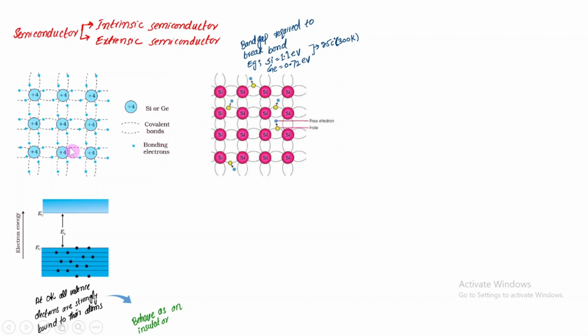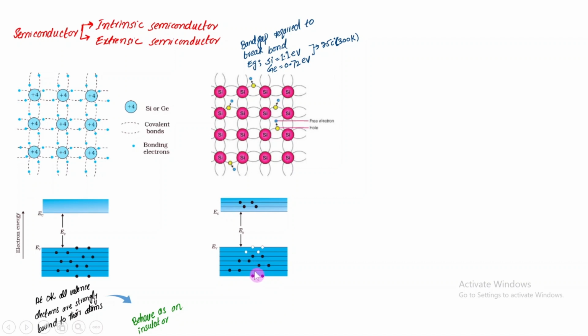The electron will become free from this bond and go towards the conduction band, and in this region it will leave a hole behind. A hole is actually a quasi static positive charge, so it will remain here in its own position. It represents the vacancy of an electron, and that electron has jumped to the conduction band due to the provided temperature. And this is the band gap.